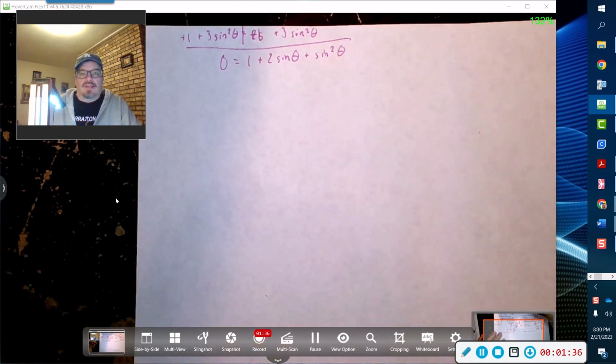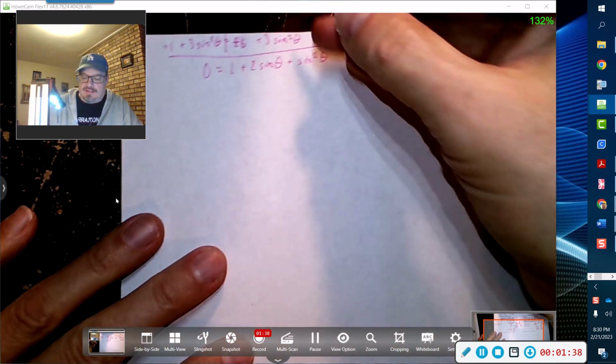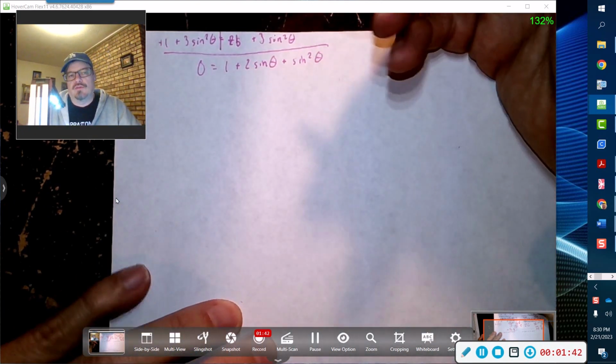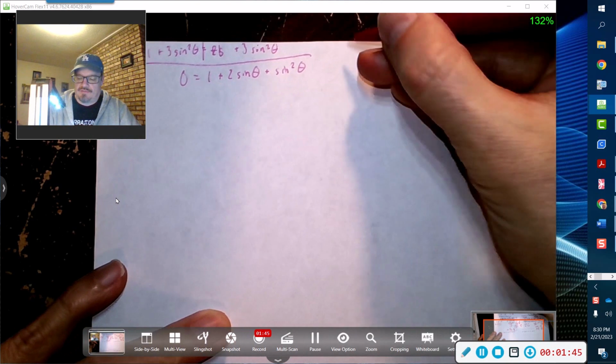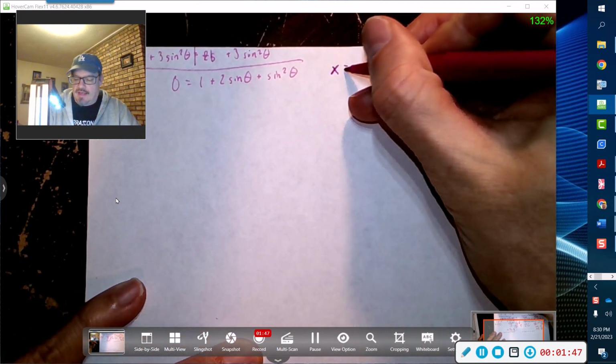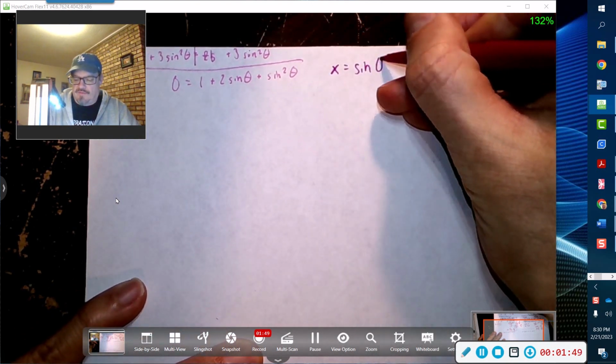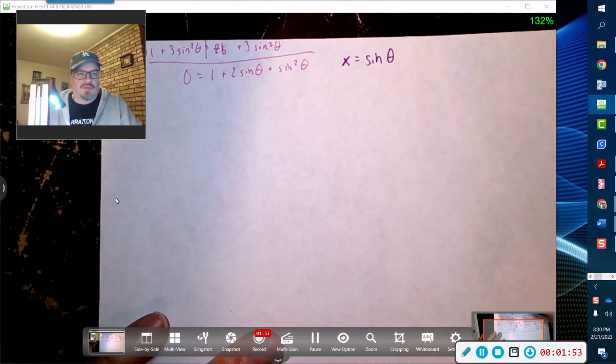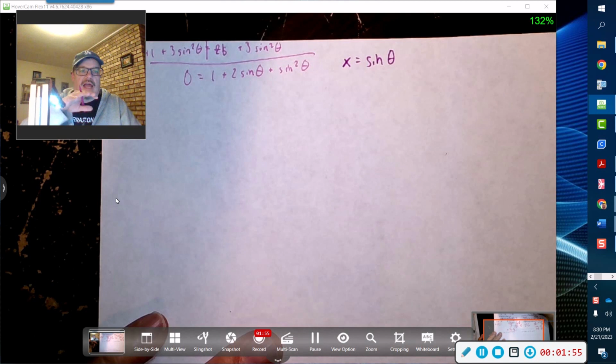All right, so this guy's a quadratic, and I don't like to see them rearranged. Now, I think what I will do, though, for this problem is, for those of you that are kind of having a hard time with this, I'm going to pull out a substitution, okay? I'm going to take sine theta out of the game and replace him with somebody who also can play the position, okay?